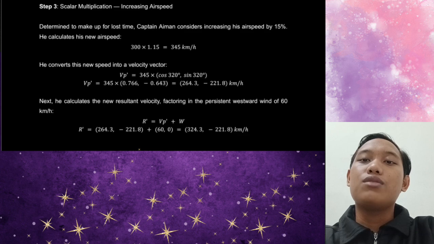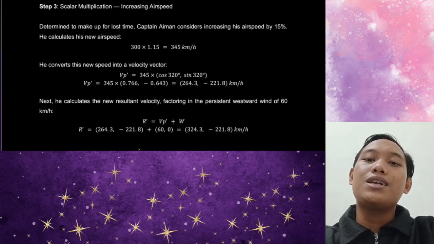Vp prime equals 345 times (cos 320 degrees, sin 320 degrees), which is 345 times (0.766, negative 0.643), equal to (294.3, negative 221.8) km per hour.